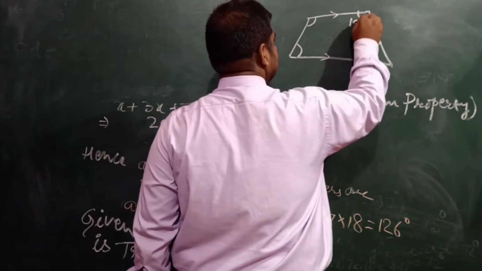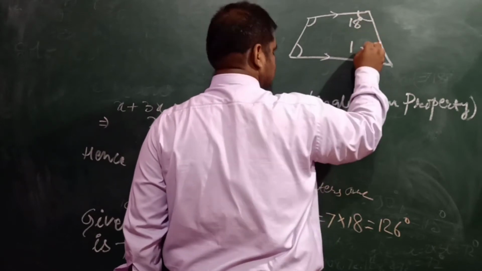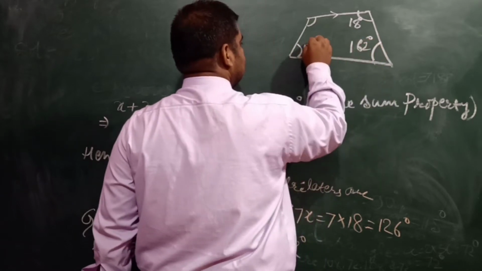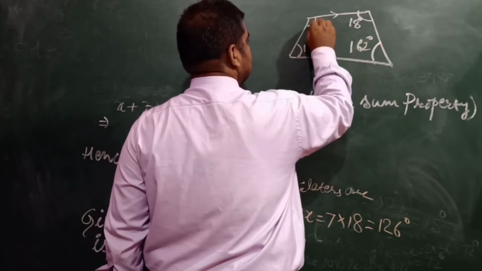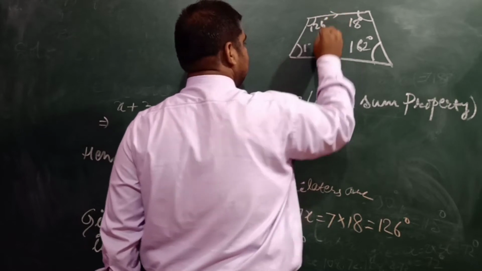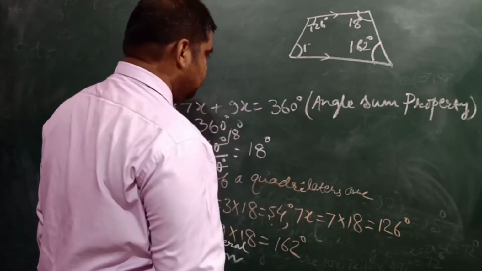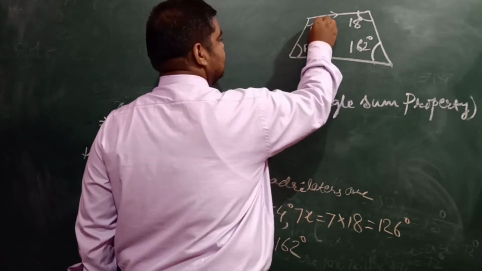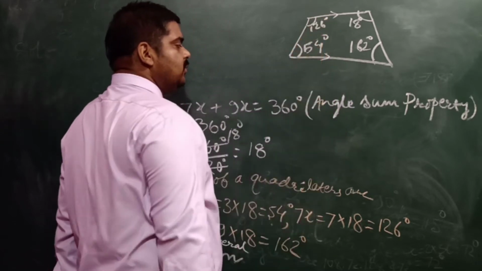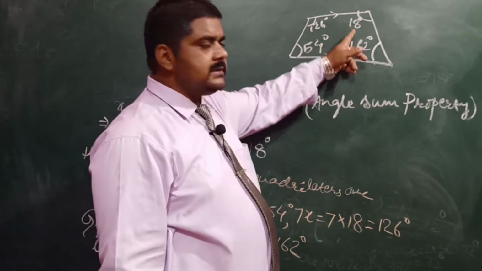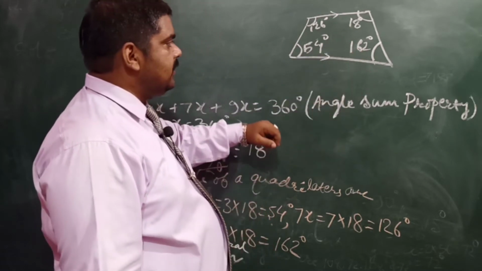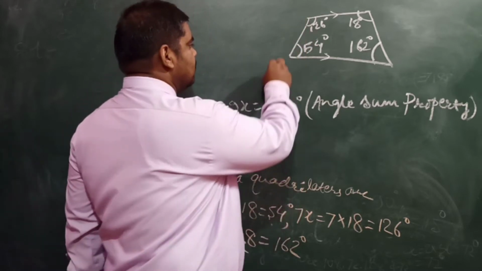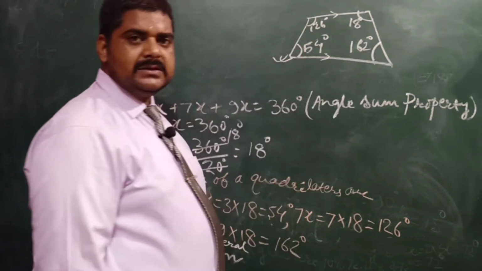The angles are 18 degree, 162 degree, 126 degree, and the fourth one is 54 degree. You can notice that the sum of these two angles is equal to 180 degree. Similarly, the sum of these two angles is also equal to 180 degree, and this is why the given quadrilateral is a trapezium.